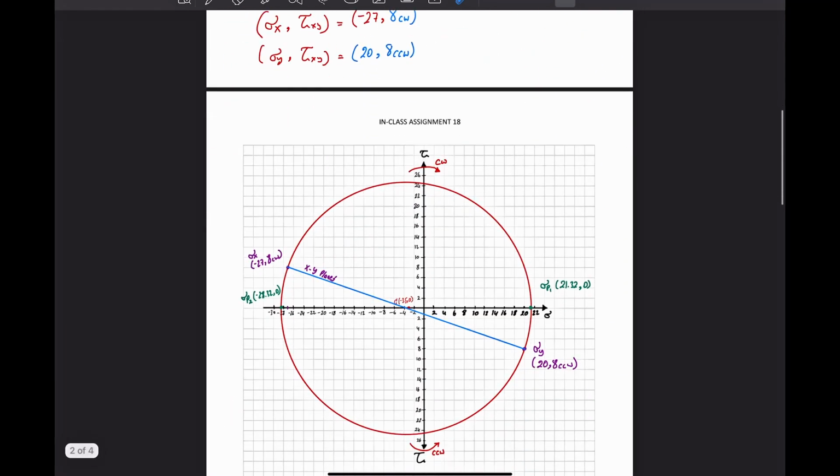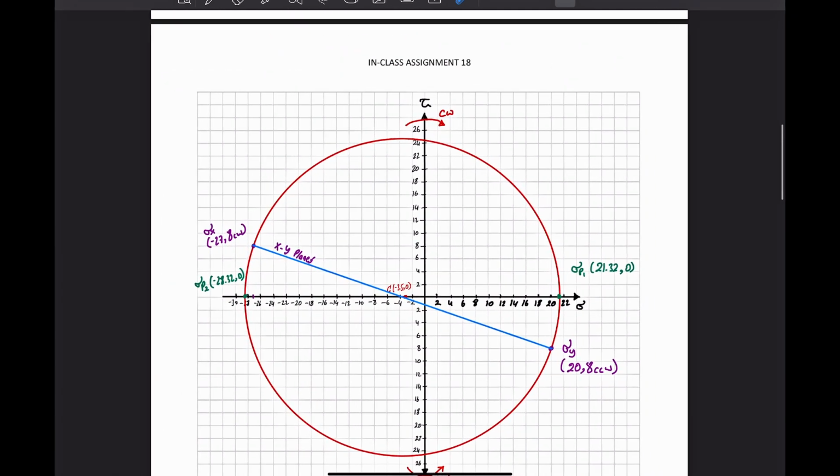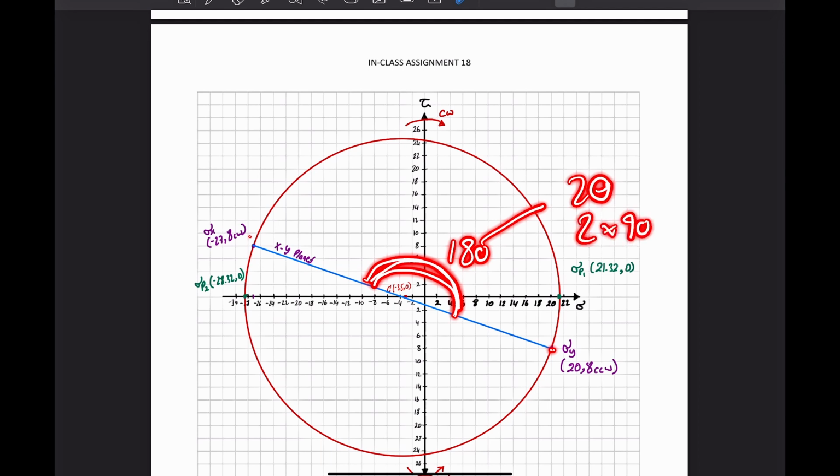But in the Mohr circle coordinate, which is sigma and tau, and how we derive the Mohr circle, everything was based on 2 theta. So now the angle between these 2 points, which is y and x, it is 180 degrees, which is 2 theta, which is 2 times 90 degrees, and the 90 was from the xy plane.